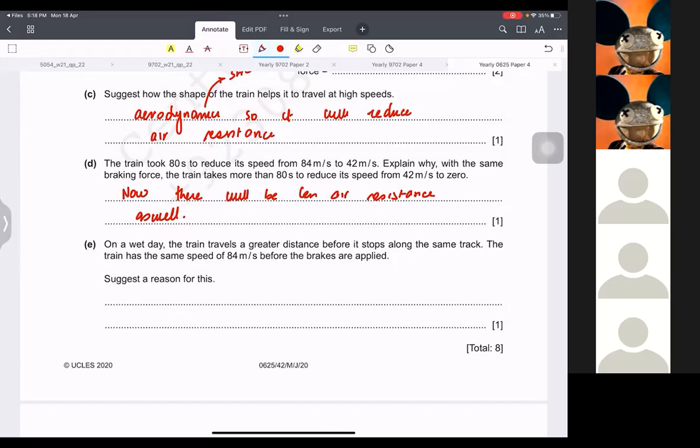On the wet day, greater distance before stopping. The reason is that due to rain or wet surface of rail and wheels, friction is reduced.